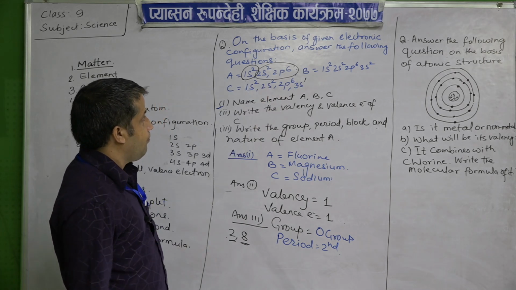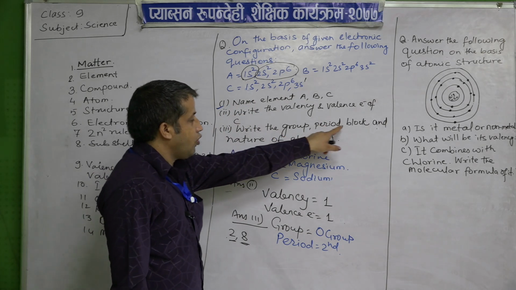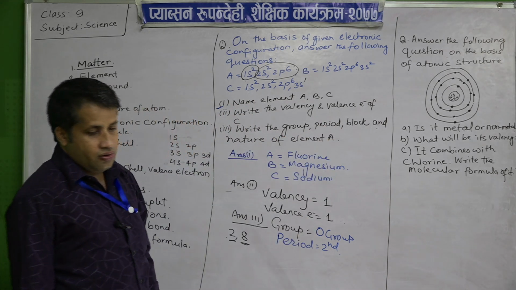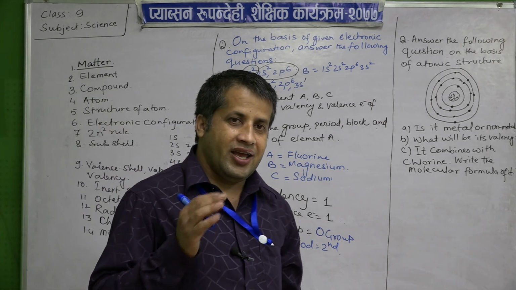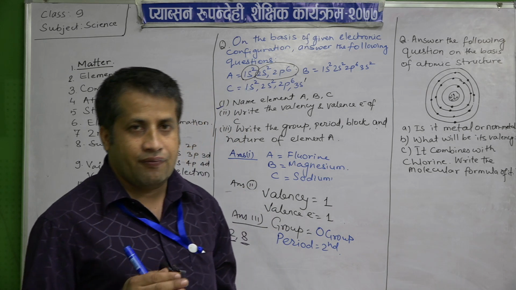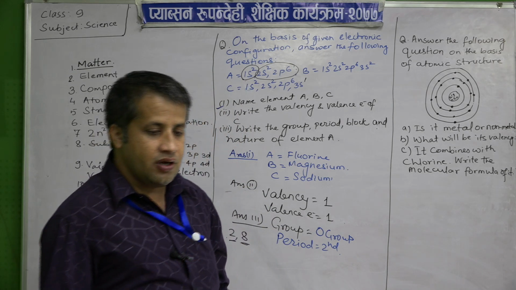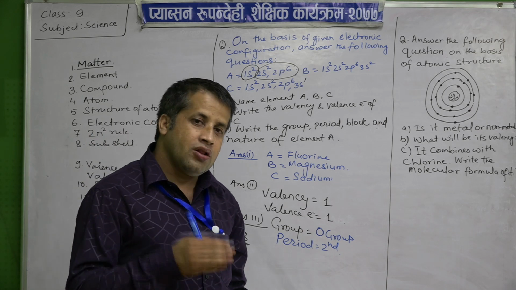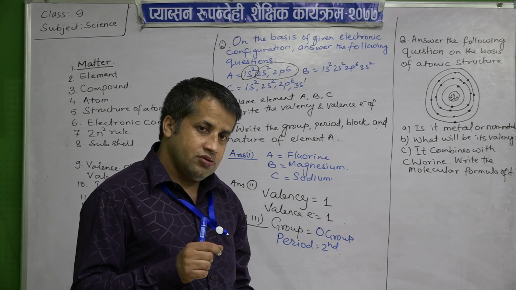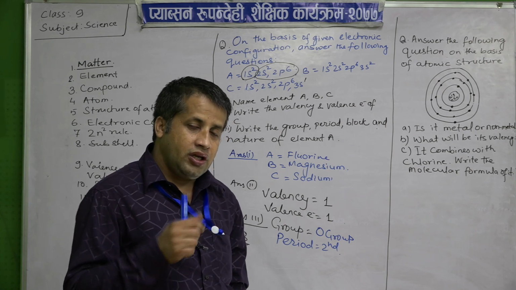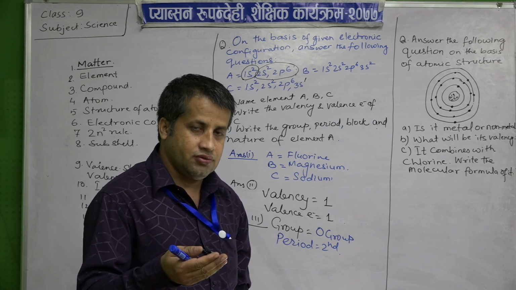Okay. So now here block is asked. In the modern periodic table there are S, P, D and F blocks, and the block is named on the basis of the subshell in which the last electron enters.